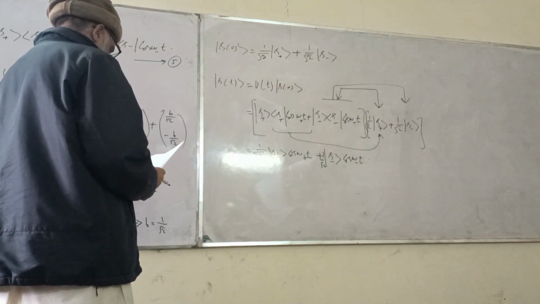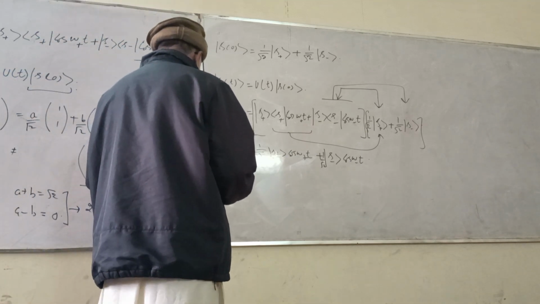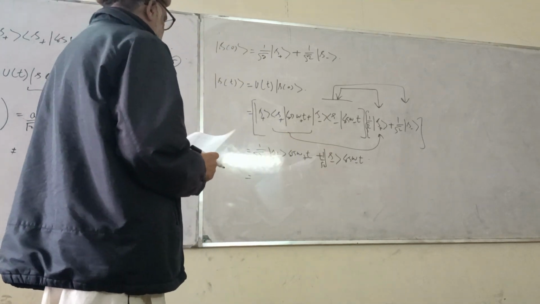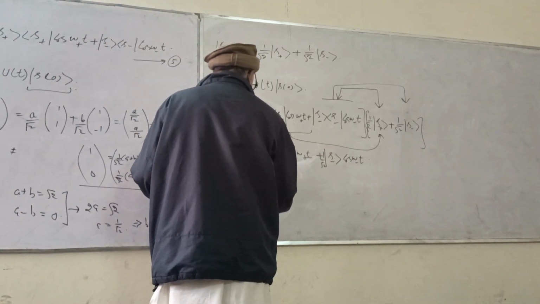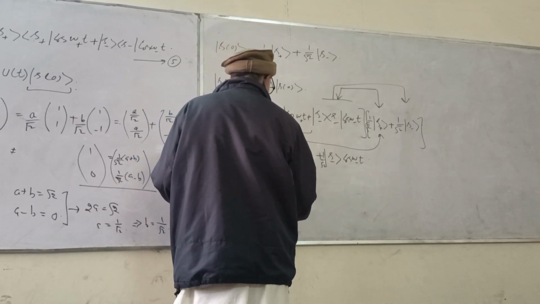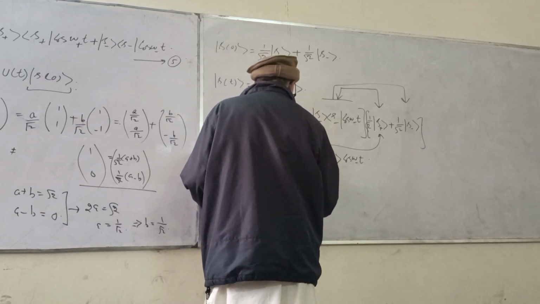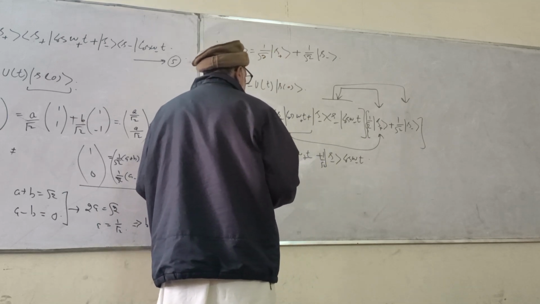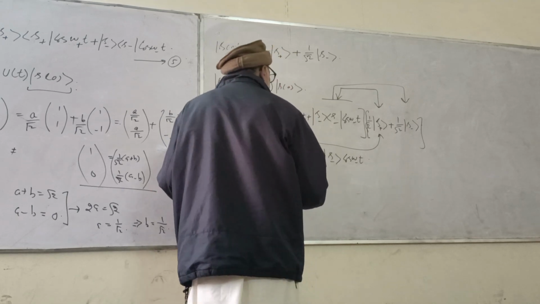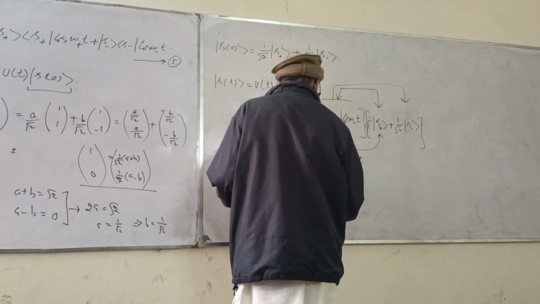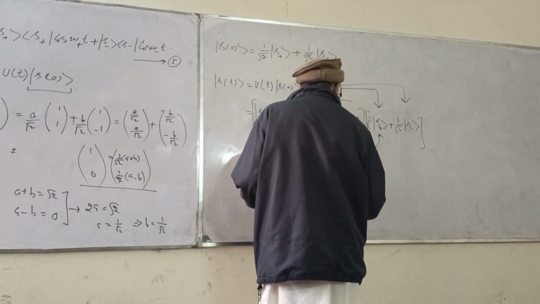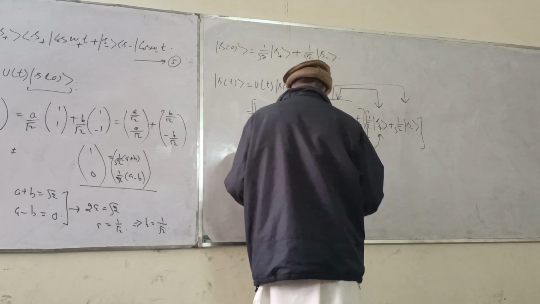If you want to write them in the matrix form, so that is 1/2 square root, and here that was (1, 1) and cosine of omega plus t, plus 1/2 square root, and this was (1, -1) and cosine of omega minus t.